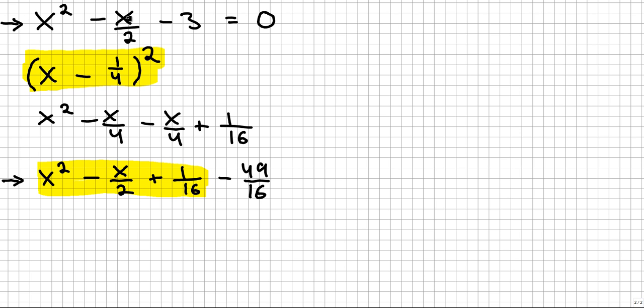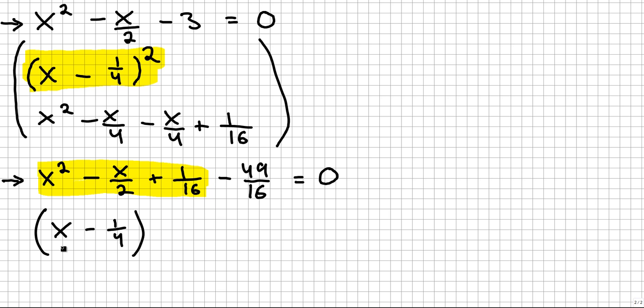We know that this equation is equal to this equation. Okay, so it's equal to 0. This was just some calculations we did in between. So we can rewrite this equation as this equation. And let's go back to this form: to the power of 2 minus 49 over 16 is equal to 0.